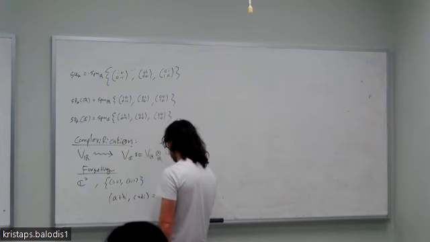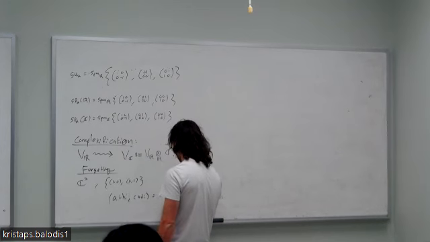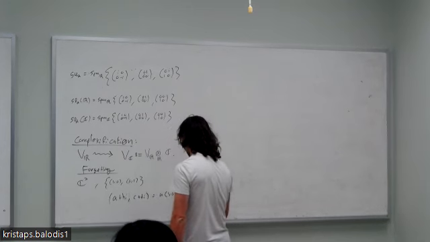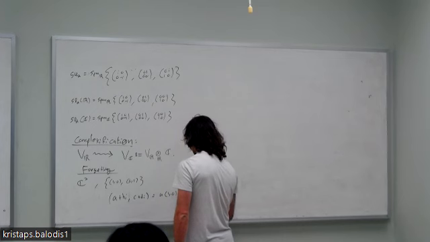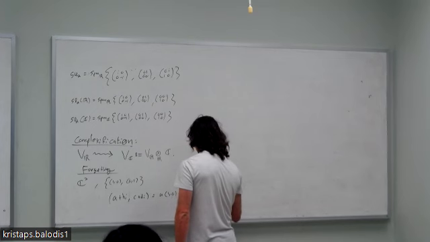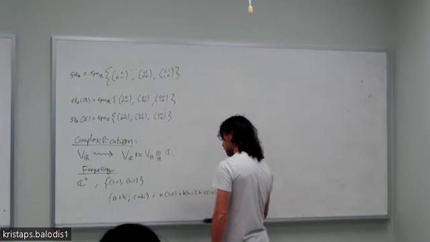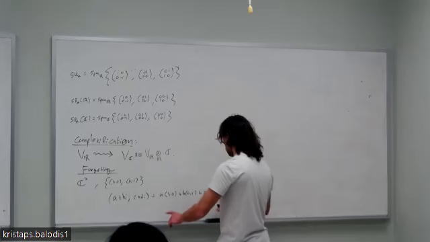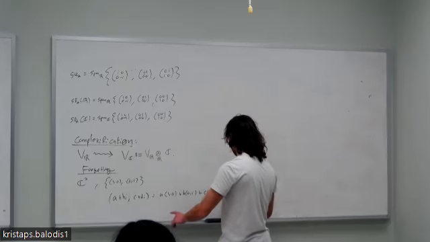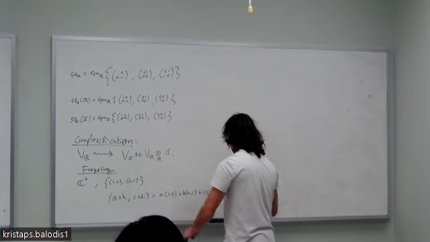But now I could factor this out into a times (1,0) plus b times (i,0) plus c times (0,1) plus d times (0,i).